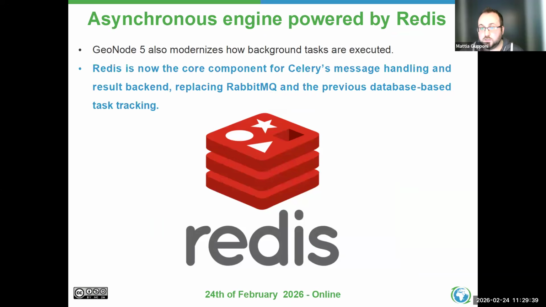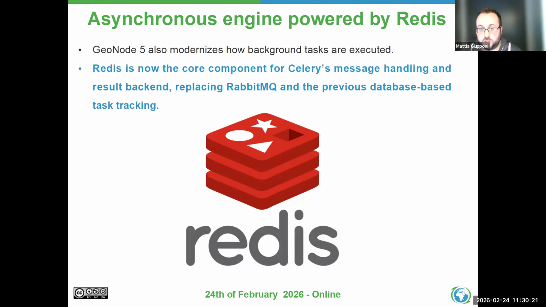Another big change, and this is probably the biggest change from the architectural point of view of GeoNode, has been the introduction of Redis instead of RabbitMQ for the interaction with Celery for the asynchronous tasks in the platform. The introduction of Redis is the only big breaking change in GeoNode 5 compared to the previous version of 4 because it requires some migration on, first of all, the system itself and some environment.